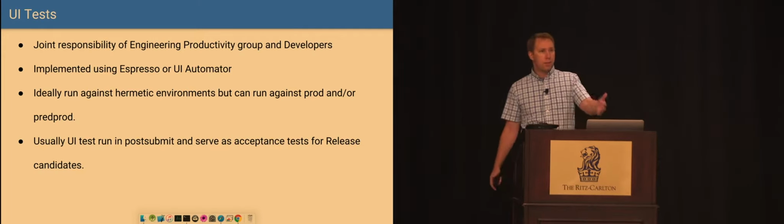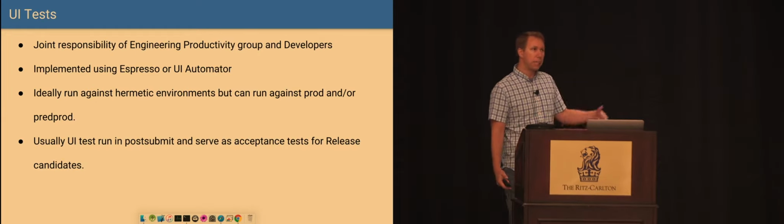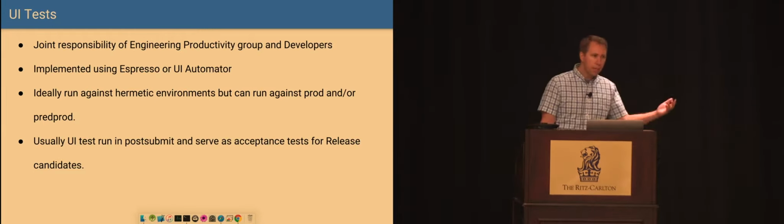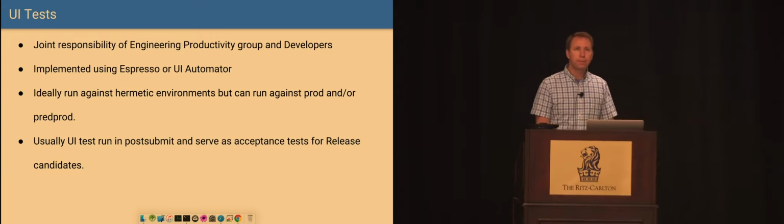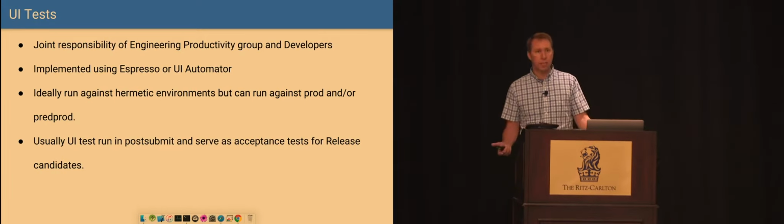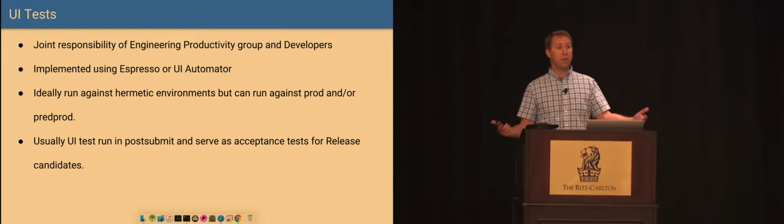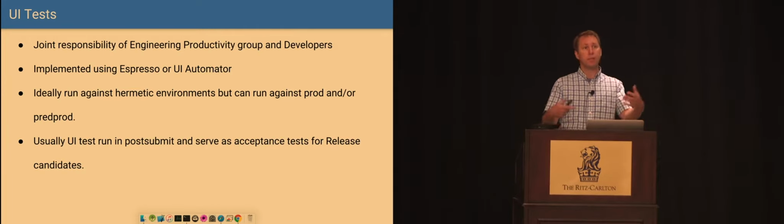Ideally, those UI tests should also run against a hermetic environment. That's where my team is helping to set it up, but they can also run against prod and/or pre-prod environment. And for SDKs, it's very critical, right? Because once you release your SDK, developers could build an app using that SDK.